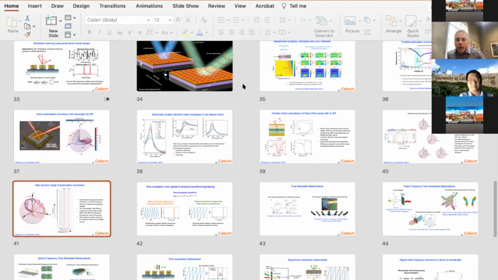RF circuit designers know that the careful design of the impedance of interconnects and so forth is very important to avoid RF dispersion and losses. So one of the things you have to think about when designing the interconnects to a tunable metasurface that operates in the RF regime is those impedance matching considerations.